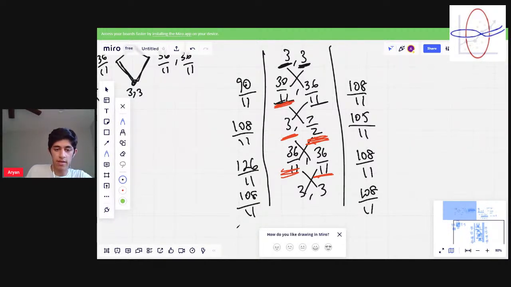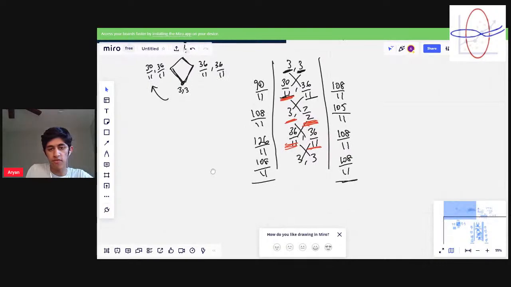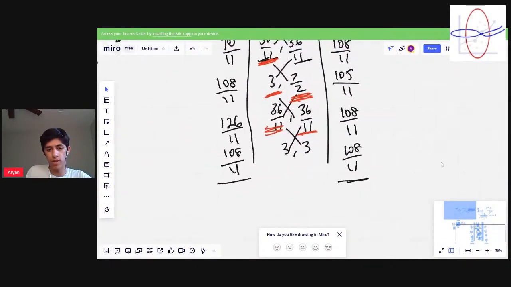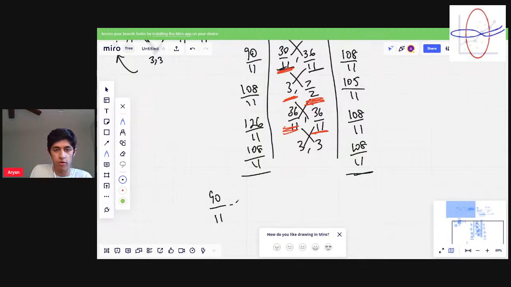And we basically add these values right here on the left side, and then we add the values on the right side. We could add it up, but you'll see it might not make the most sense just yet. So if we write this out in a neater form, 108 over 11 plus 126 over 11 plus 108 over 11.